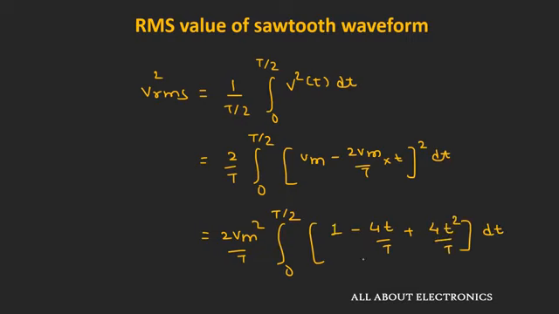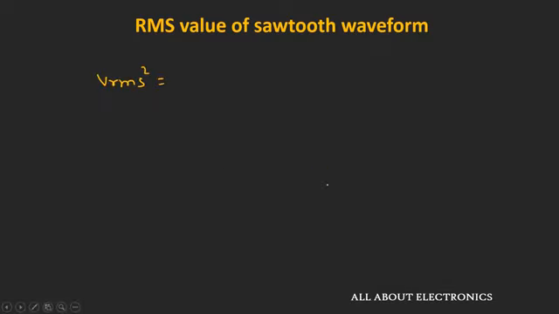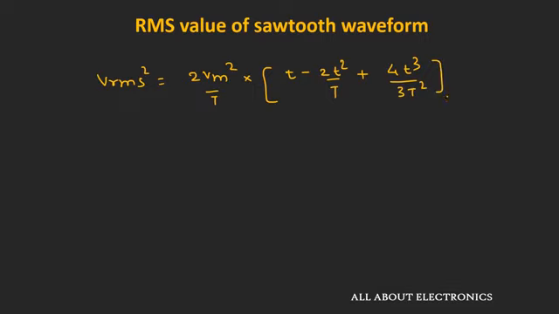If we integrate this expression, then Vrms square will be equal to 2Vm square by T multiplied by t minus 2t square divided by T plus 4t cube divided by 3T square, with limits from 0 to T/2.